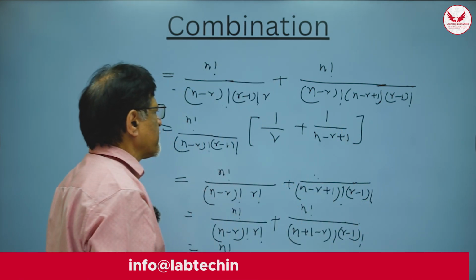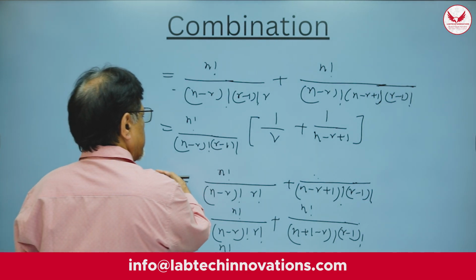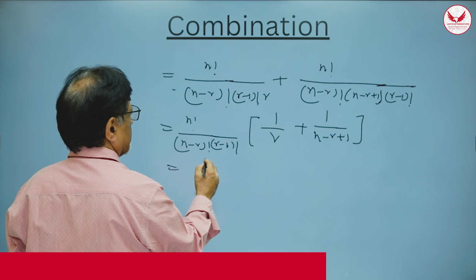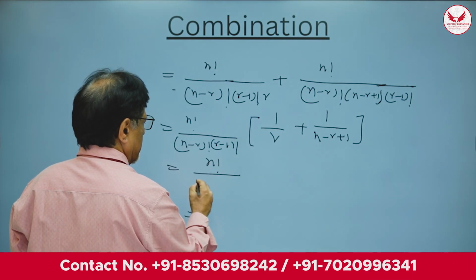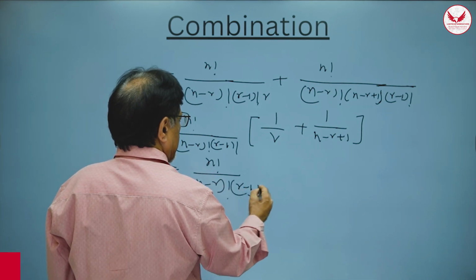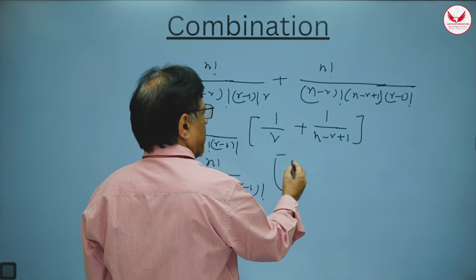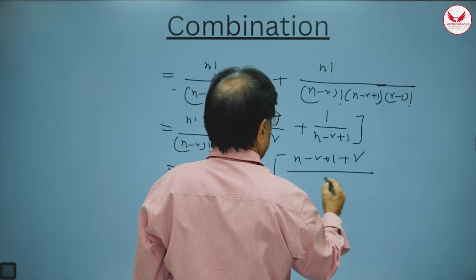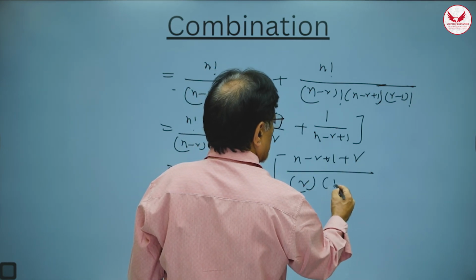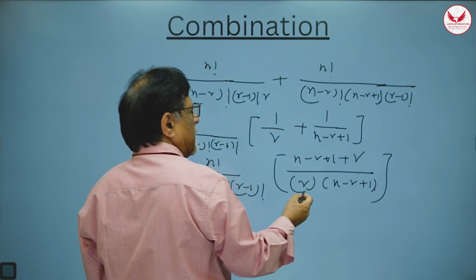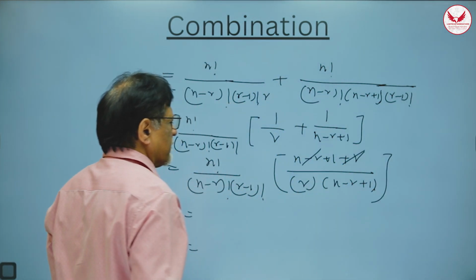This is the only thing left. Okay. So that means we have n factorial over (n minus r) factorial into (r minus 1) factorial multiplied by (n minus r plus 1) plus r divided by r into (n minus r plus 1). So this minus r plus r gets cancelled.